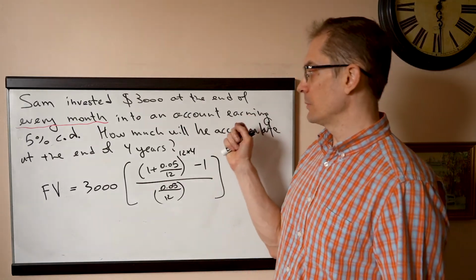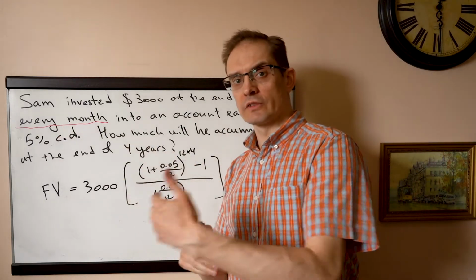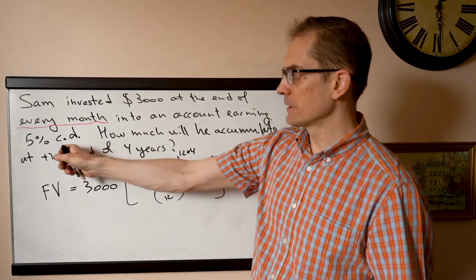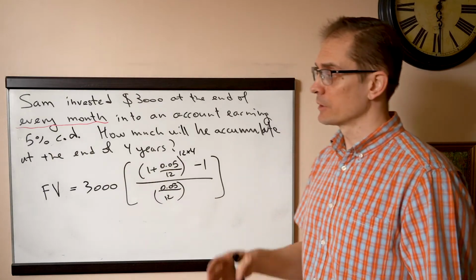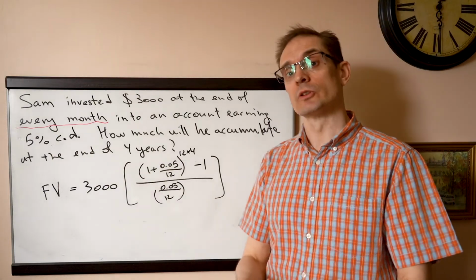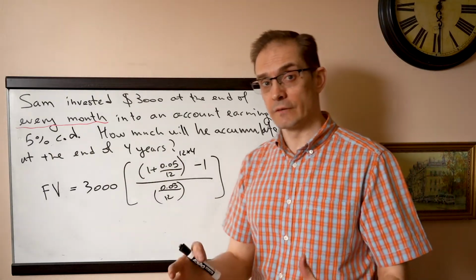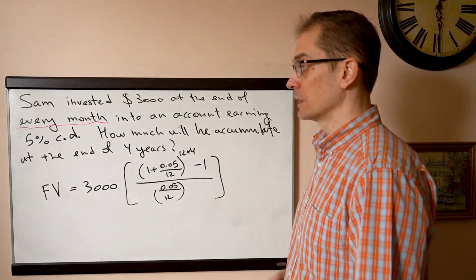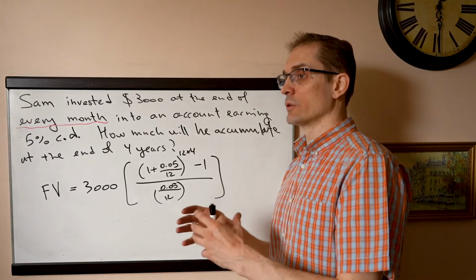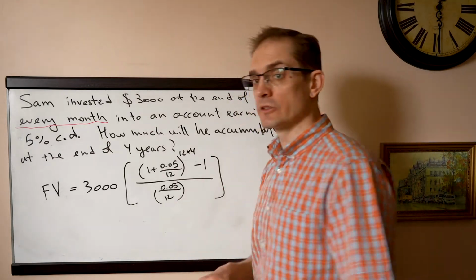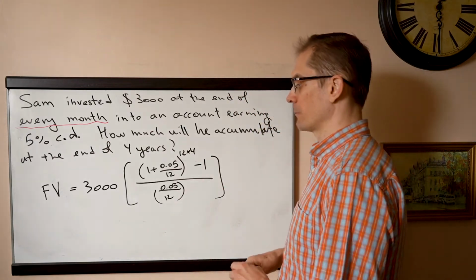Because the payment is every month, so 12 times per year, but the rate is compounded 365 times per year. So 365 is not equal to 12, therefore this annuity is general. Another way to look at it: we know that this annuity is general because it's not simple, okay?